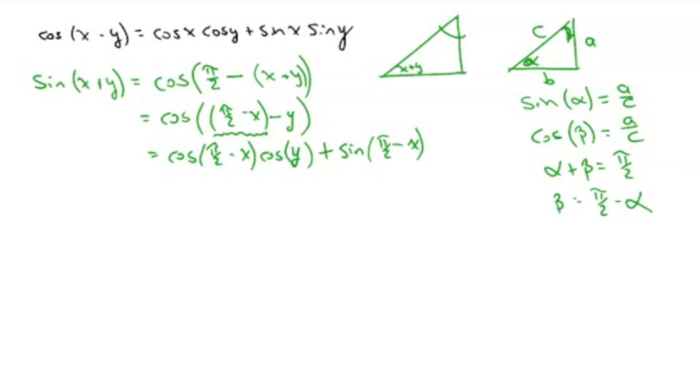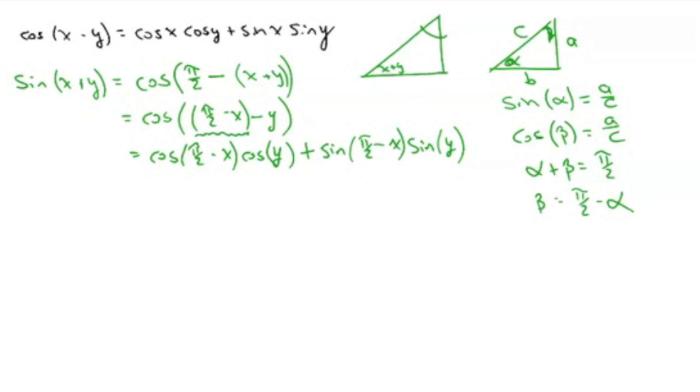Ignore the negative. It doesn't say anything about minus. Cosine of the first, cosine of the second, plus sine of the first, sine of the second. There's no minus there, it's a product. It's pi over 2 minus x, 90 minus beta.